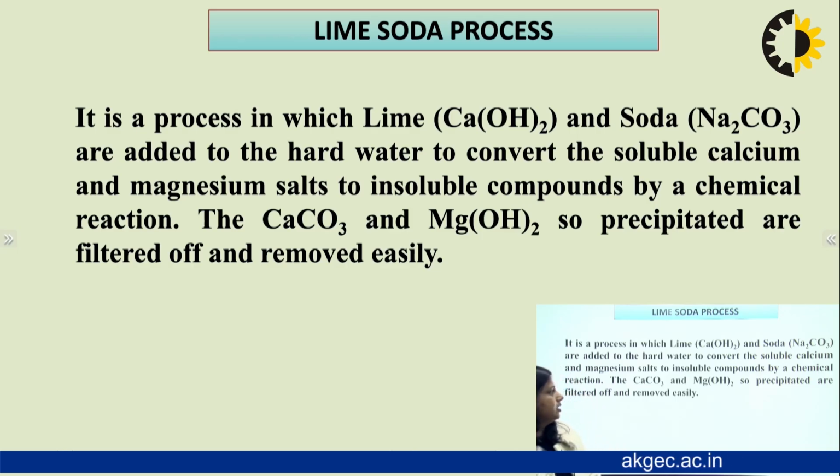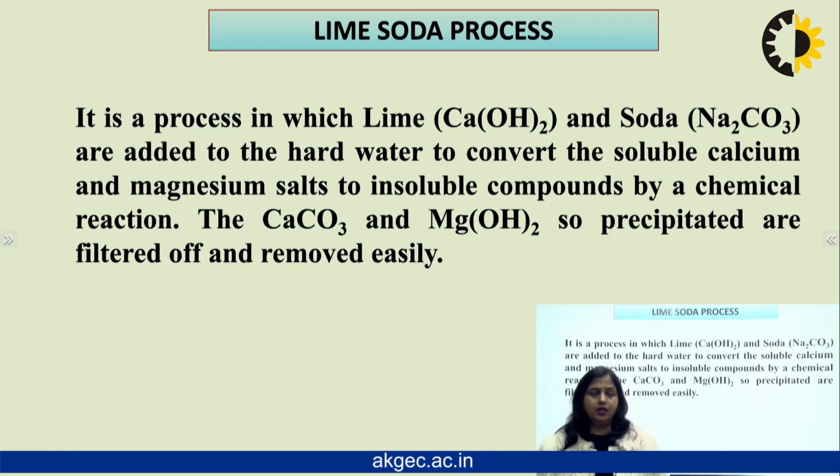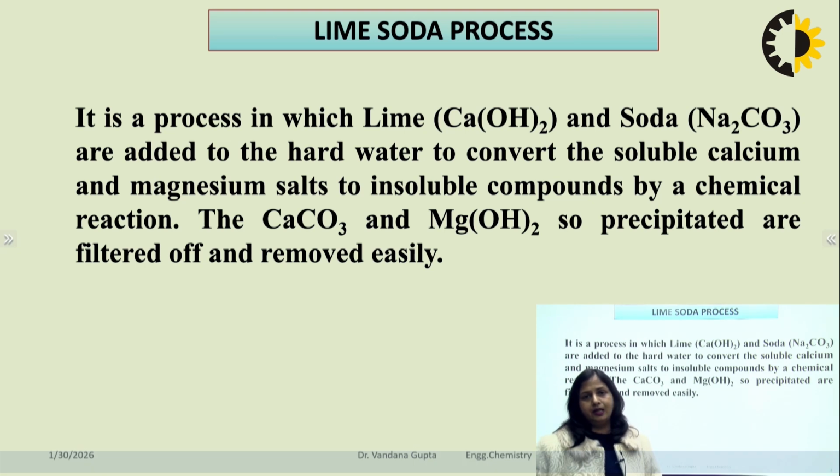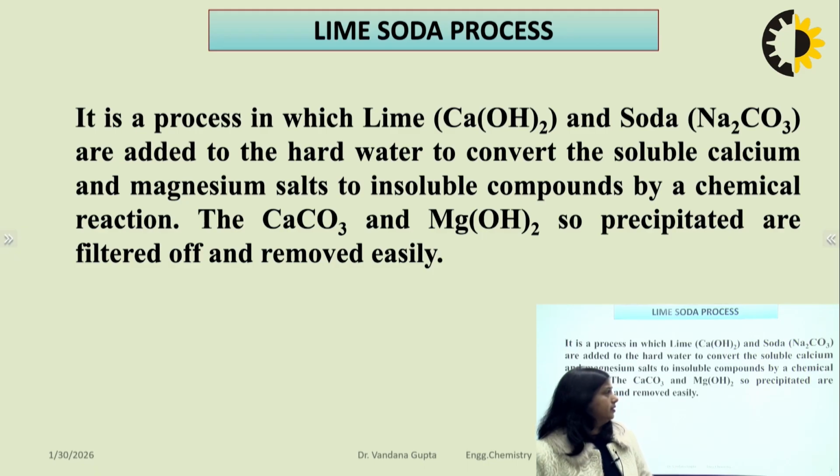Calcium carbonate and magnesium hydroxide are insoluble in water. They can be easily filtered off and removed. So this is the principle of lime soda process. By this method, we convert soluble salts of calcium and magnesium into insoluble calcium carbonate and magnesium hydroxide.